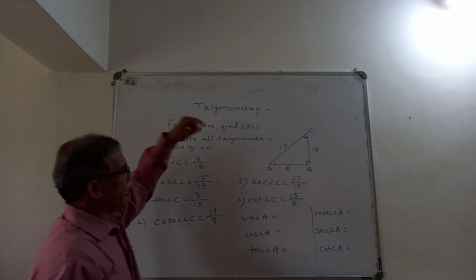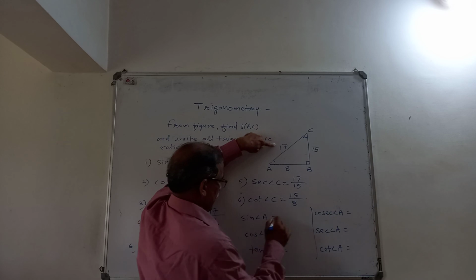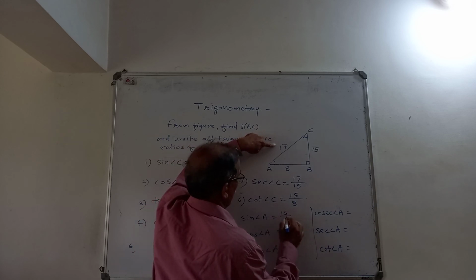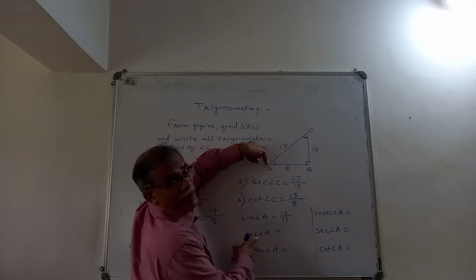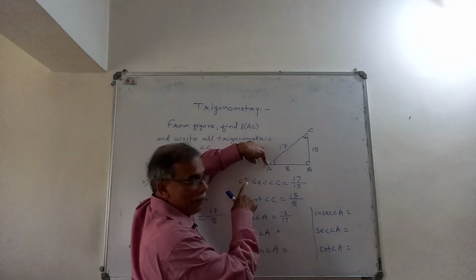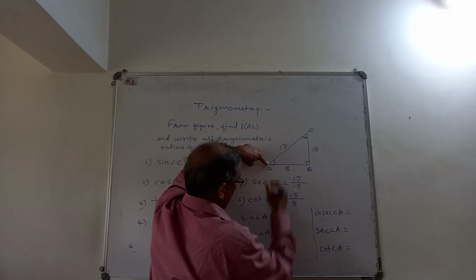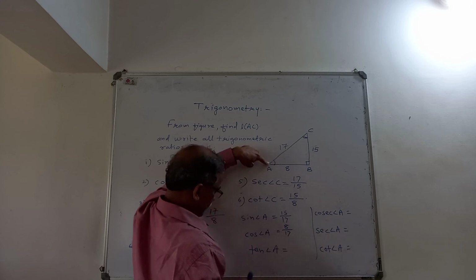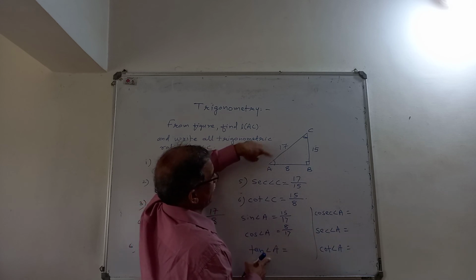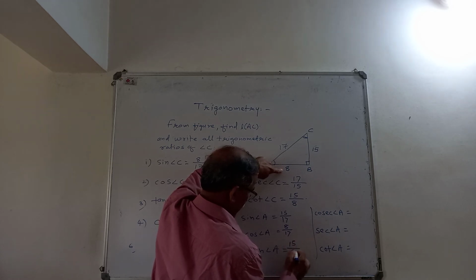Now come here, sin A is opposite upon hypotenuse. So 15 upon 17. Cos A, which side upon which side? Adjacent upon hypotenuse. For A, which is adjacent? AB upon hypotenuse AC, means 8 upon 17. Now tan angle A, tan means opposite upon adjacent. So 15 upon 8.